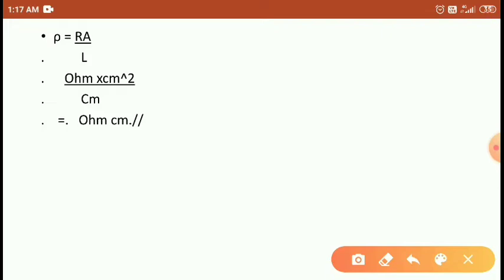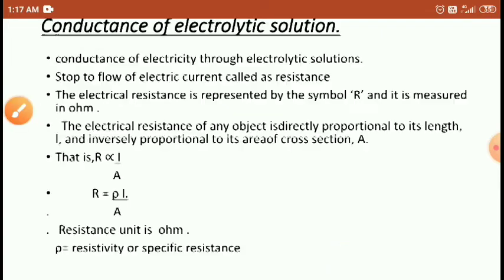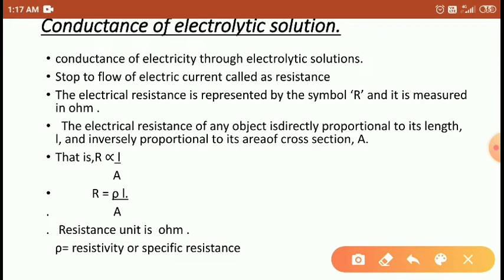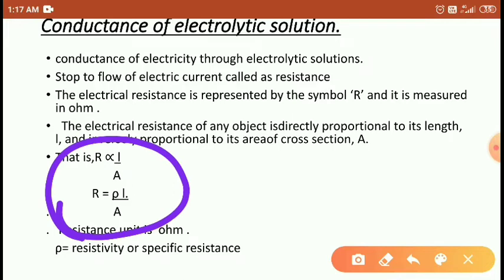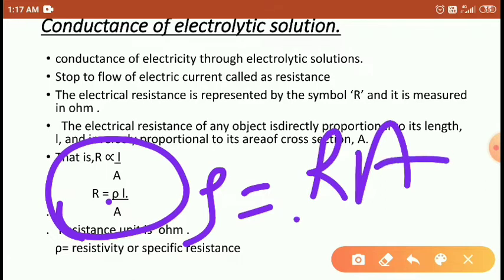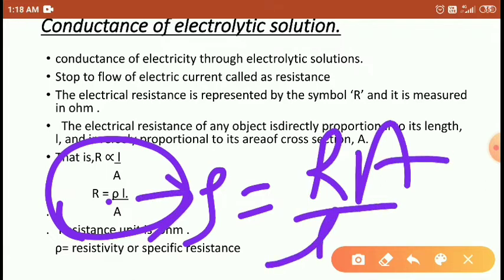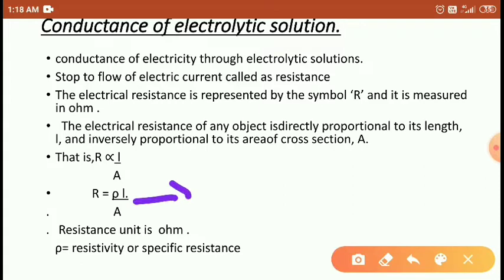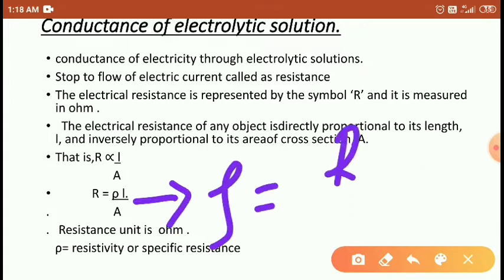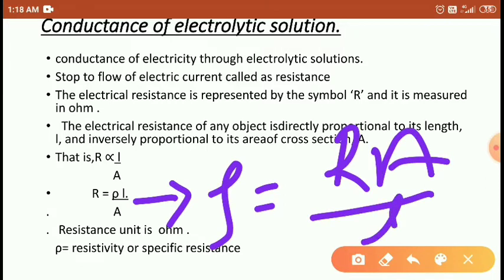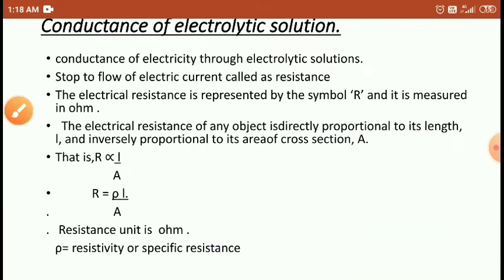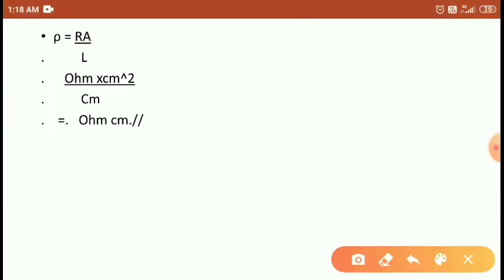The rho unit: how to find the rho unit? In the last equation, we move rho outside, then it becomes R A by L. So R, the resistance unit, is ohm.